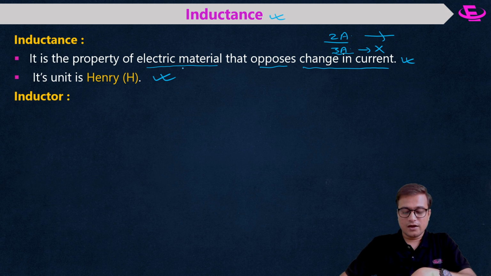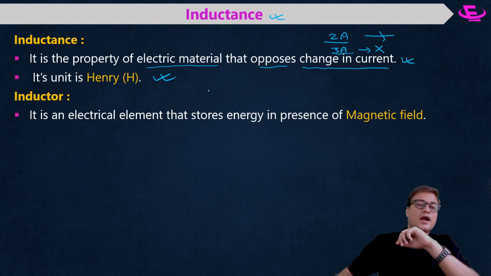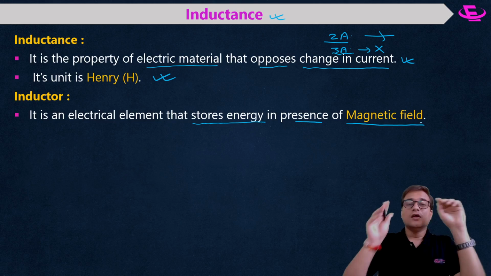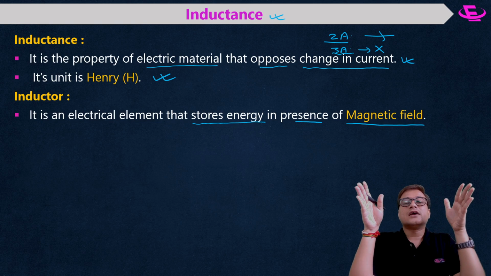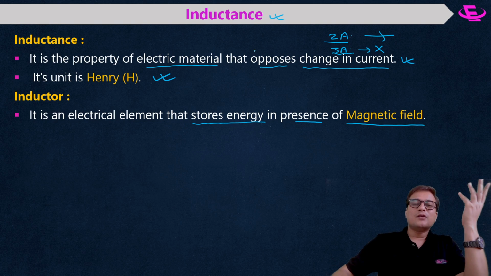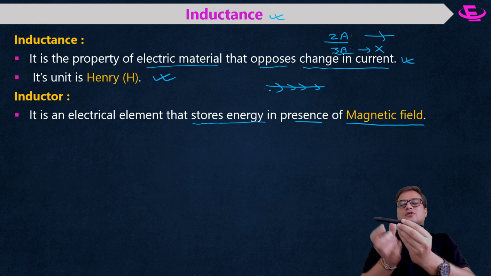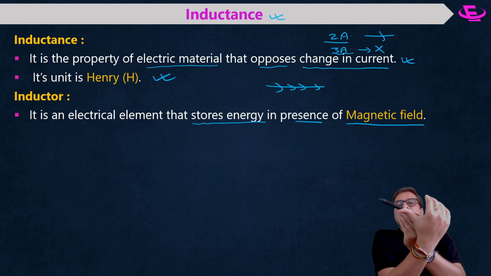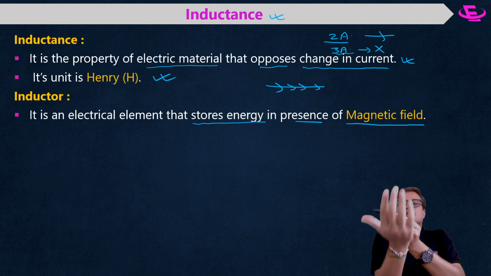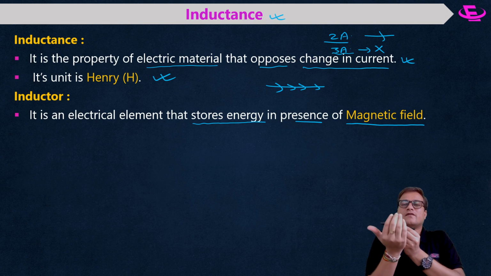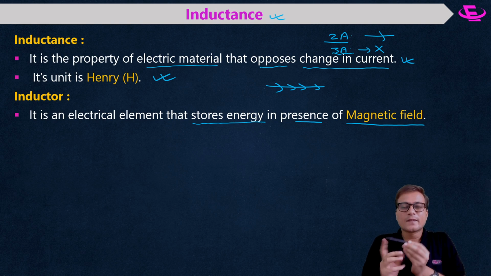Let us define inductor. So what is an inductor? It is an electrical element that stores energy in the presence of a magnetic field. Suppose current is flowing through this one, the thumb shows the current, and the circulating fingers show the direction of the magnetic field.